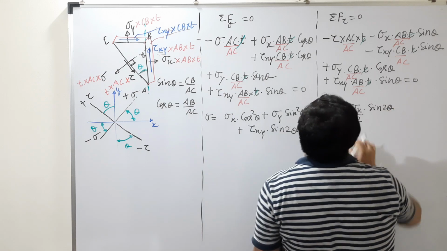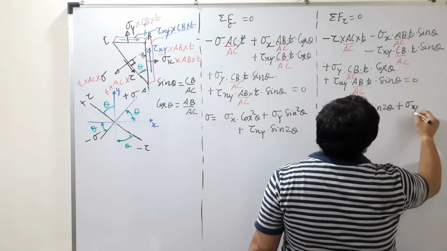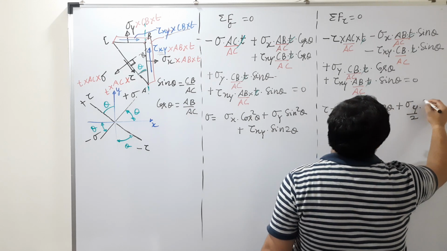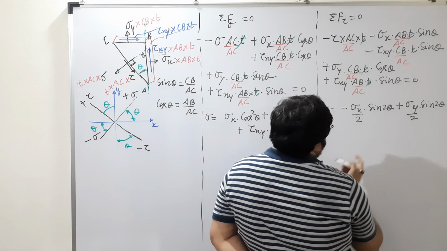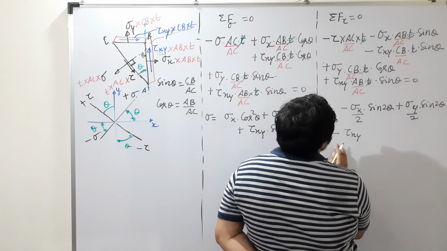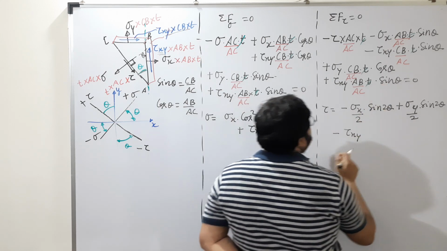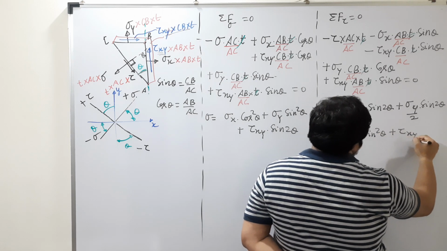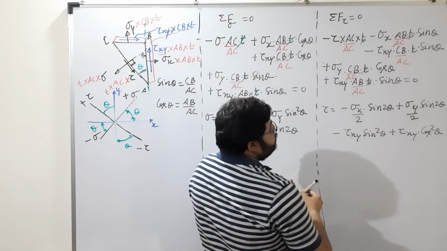In the same manner there is plus sigma y by 2, and again multiply 2, divide by 2, you will get sine 2 theta, and there is tau xy, so write tau xy, this minus CB upon AC, CB upon AC is sine theta, get sine square theta plus tau xy cos square theta. So this term is actually easy for us to simplify.